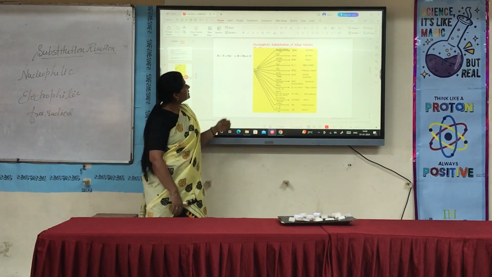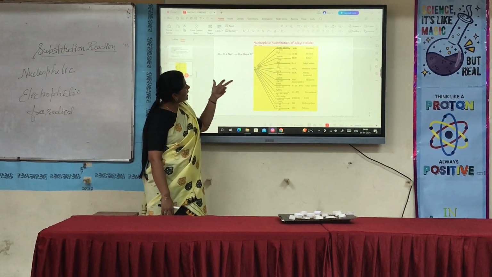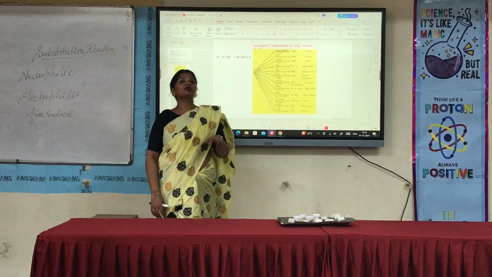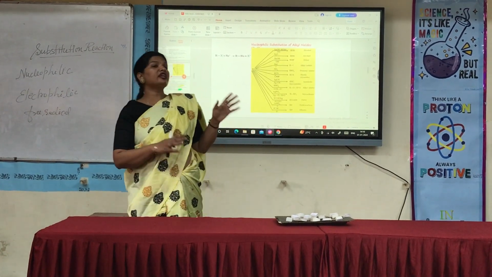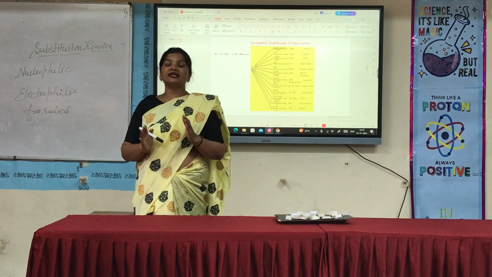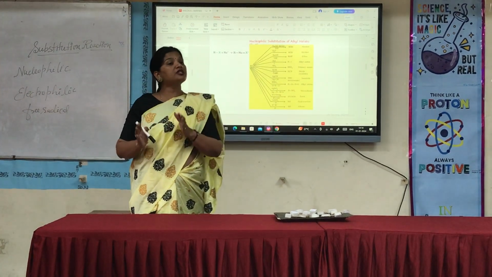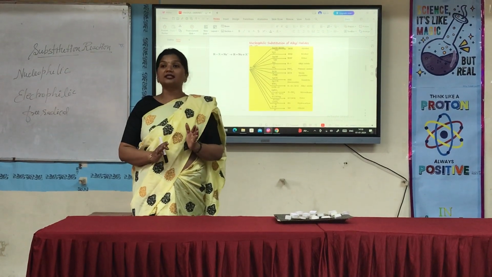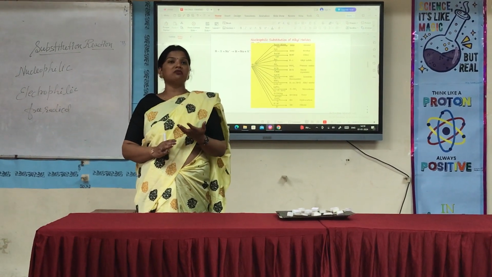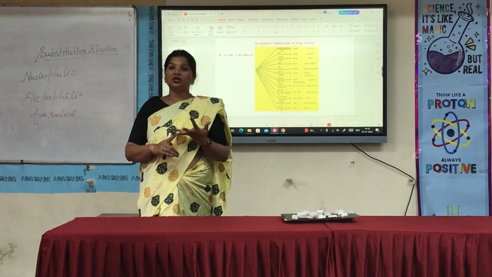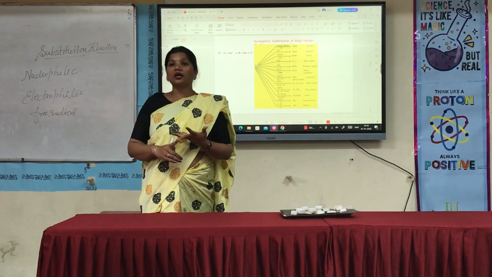You can see cyanide, OH negative, I negative, NO2 and many more. Later, when we come to the mechanism, Deepa ma'am will explain the concept and the exact pattern of attack of the nucleophile on different types of haloalkanes, that is, 1 degree, 2 degree or 3 degree.